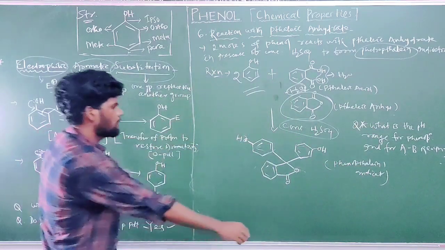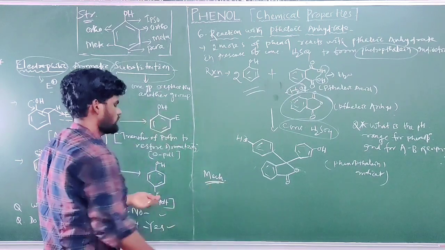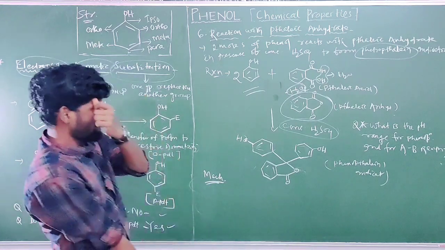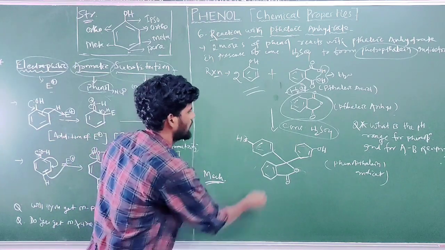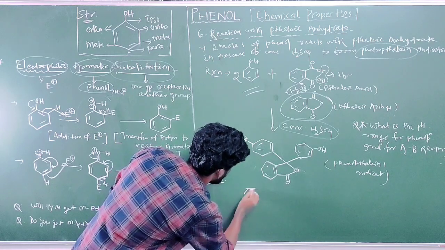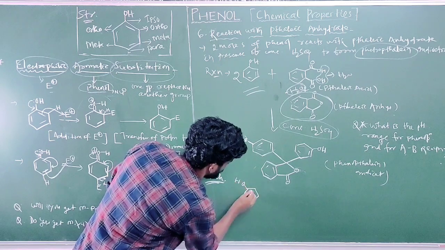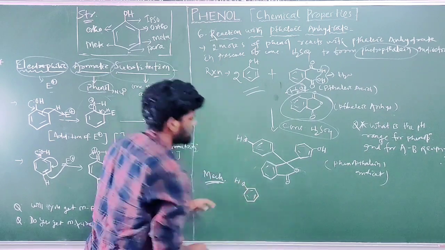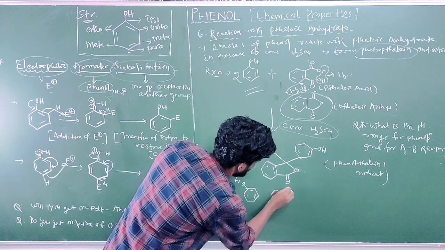So the main part is the mechanism. It is a simple mechanism in which water is lost using concentrated H2SO4. The mechanism is a little lengthy, but we can study it in simple form. This is phenol, and another mole of phenol is arranged like this.